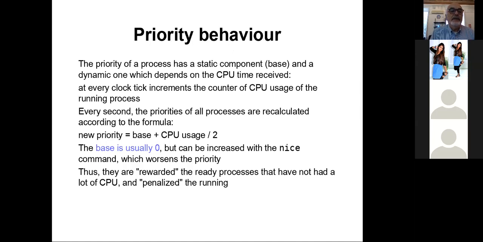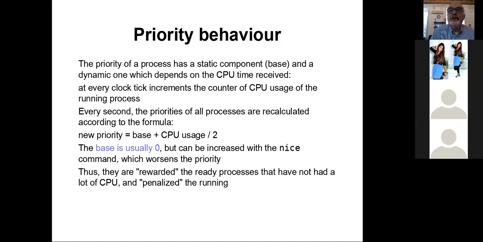The priority changes. This is the formula. The base is the initial priority when you run a process, for example, 0. And as soon as the process uses CPU, the priority number increases, so the real meaning of the priority decreases. You can start the process with an initial privileged priority using a command that is reserved to the super user or the administrator or the kernel itself.